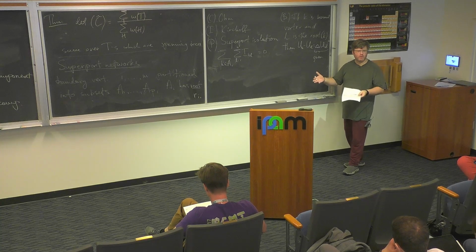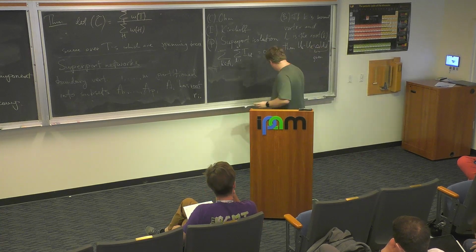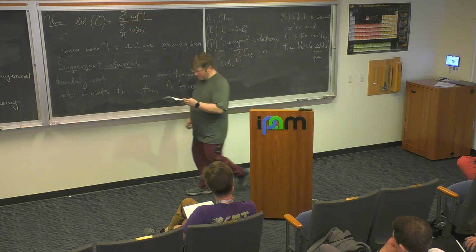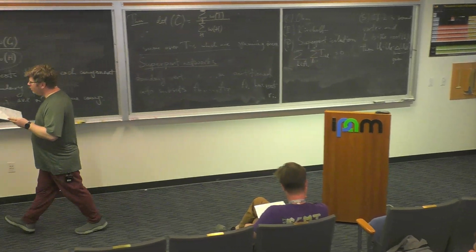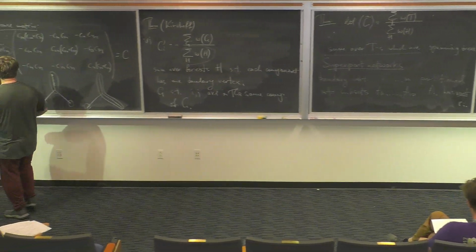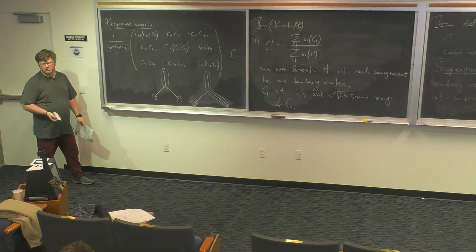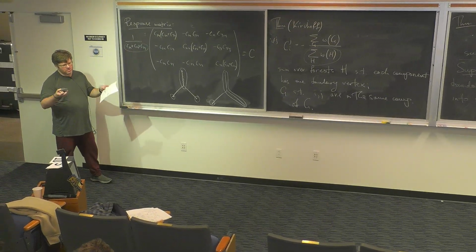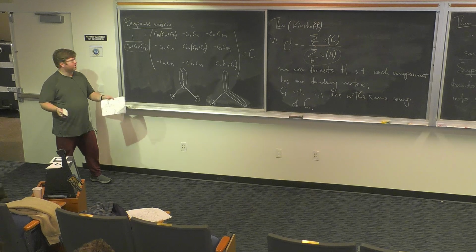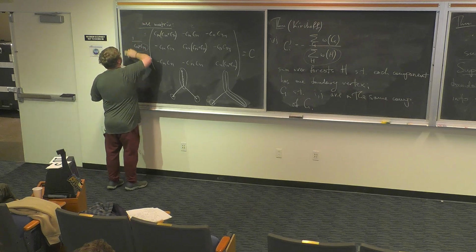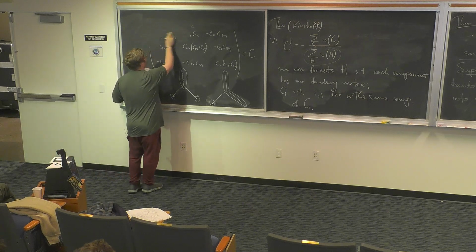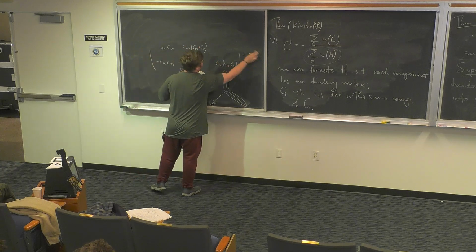But before that, let's talk about very special examples. So here's one very special case of all of this. What if all boundary vertices lie in a single superport? This is just a regular electrical network, right? So the very special case number one.